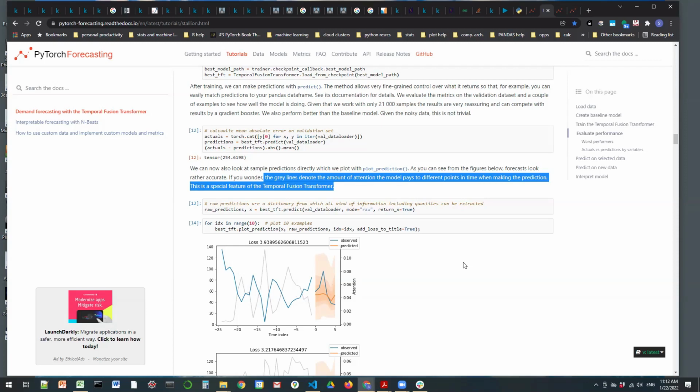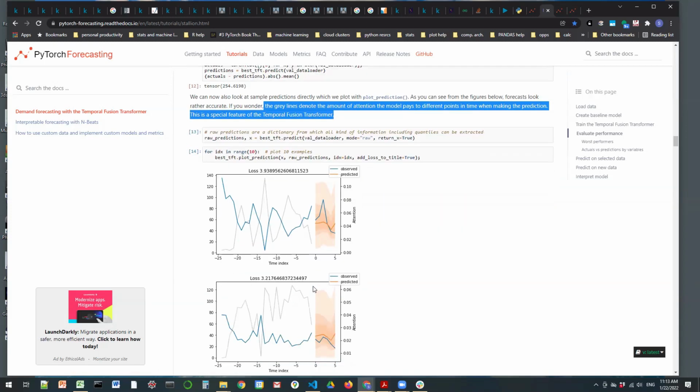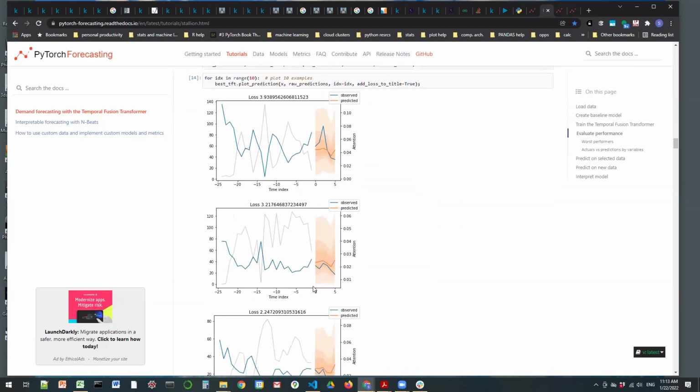So it's important when it drops. That's what it says, right? Sorry, it seems to be paying more attention whenever it drops in the past. I think that's because whenever the gray line goes up, the blue line goes down. I don't know whether that's consistent.